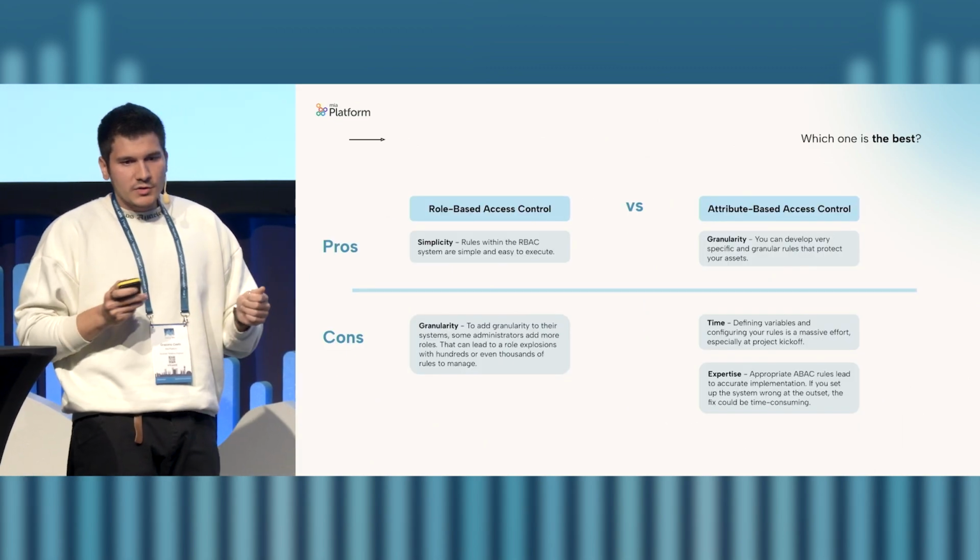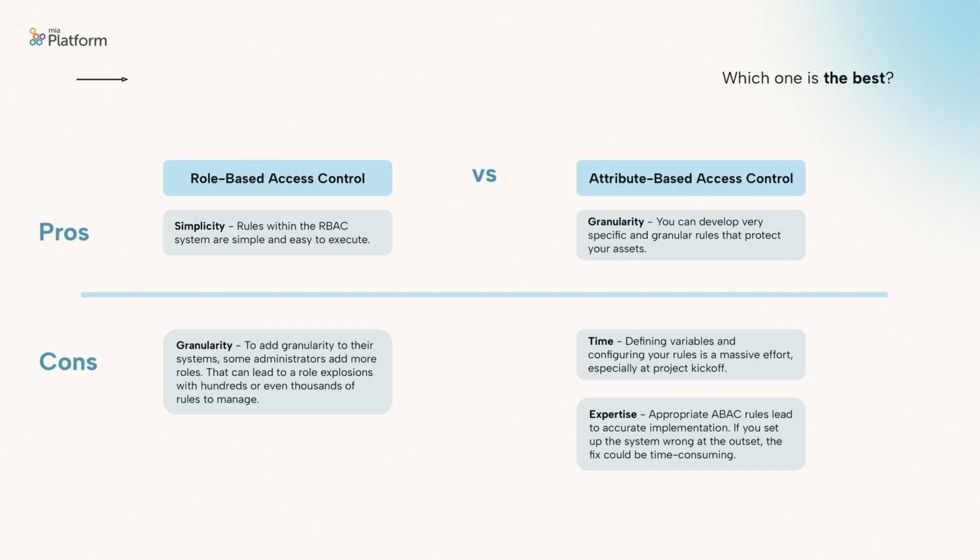These two options have their own pros and cons. On one end, we have role-based access control, which is much simpler, but it lacks granularity, since to fine-grain the access to the resources, you need to add more roles, and you may face issues like role explosion when things scale out.